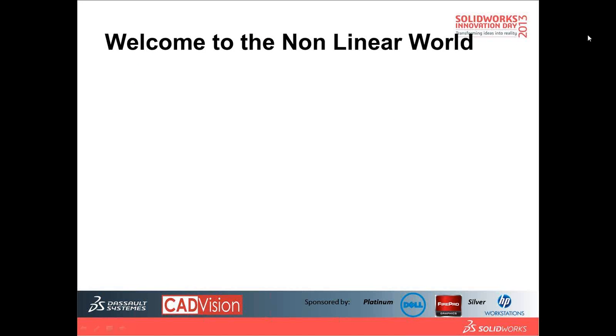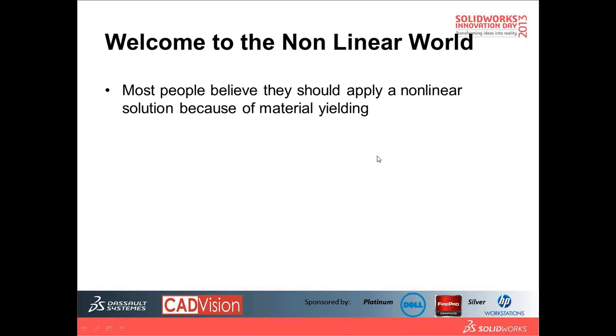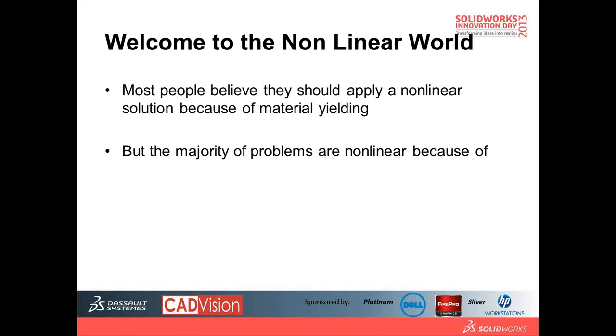So at this stage, usually most people believe they should apply a nonlinear solution because of material yielding. But the majority of the problems are nonlinear because of large deformation, contact, and time varying load.